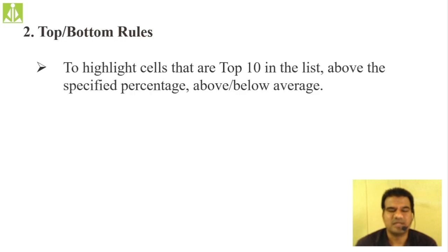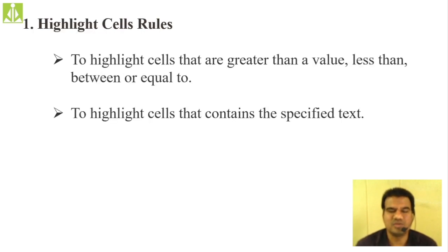Highlight cells rules means first we make a fixed value decision, and based on that value, we select cells which have greater value than the fixed value, lesser value than the fixed value, or values that fall within a range, or values equal to the fixed value.